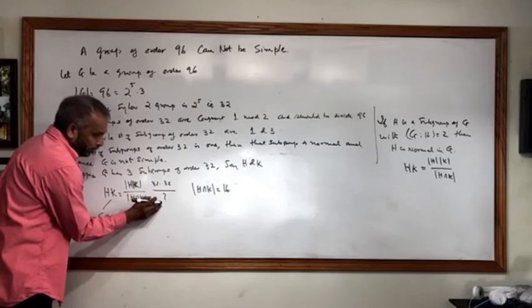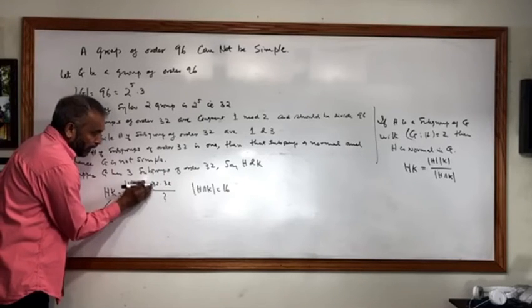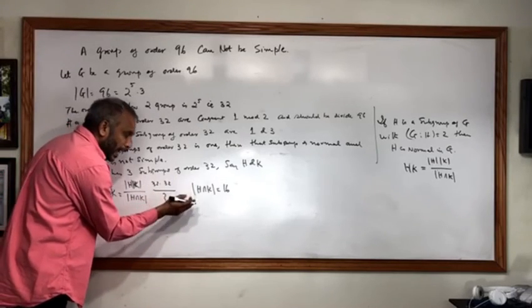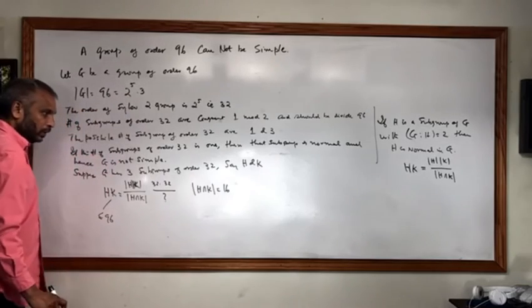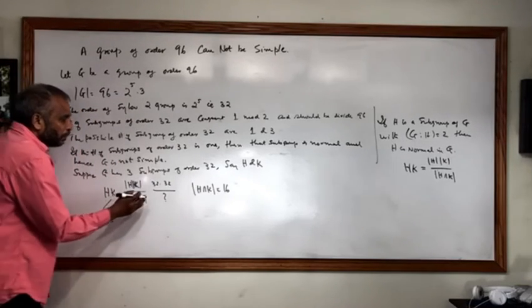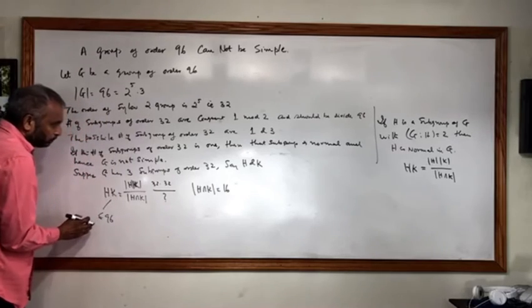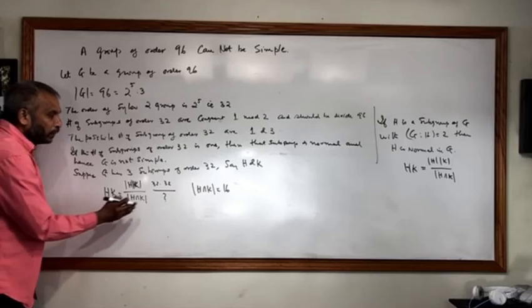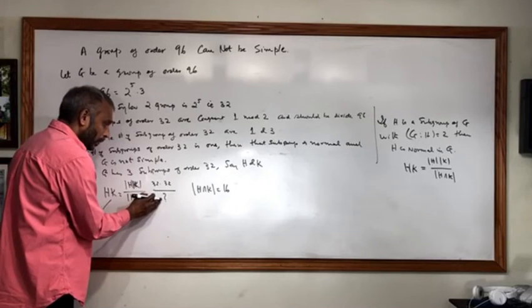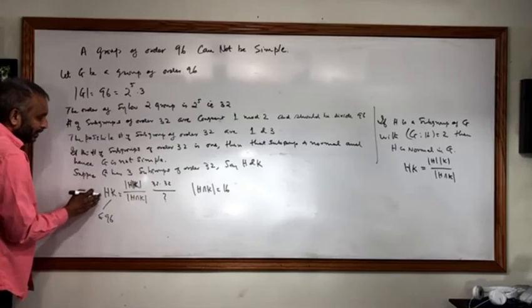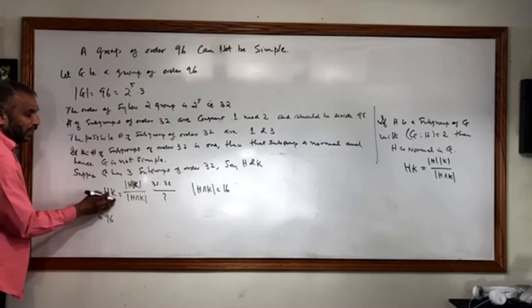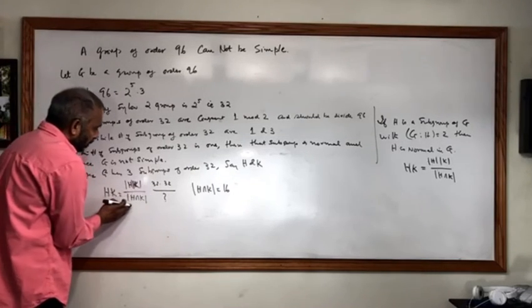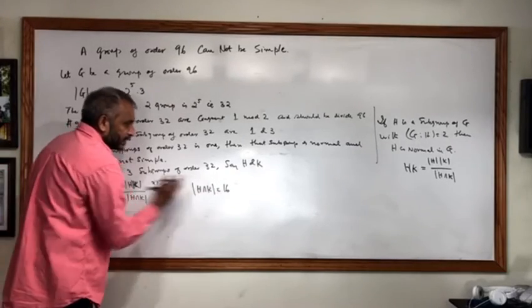See, whatever you put has to divide 32 times 32, so it has to be 1, 2, 4, 8, 16, etc. If you put any other values, it will not be less than 96. And if you put 32, then HK is equal to H, which means H and K are the same. So the only value of the order of H intersection K is 16.